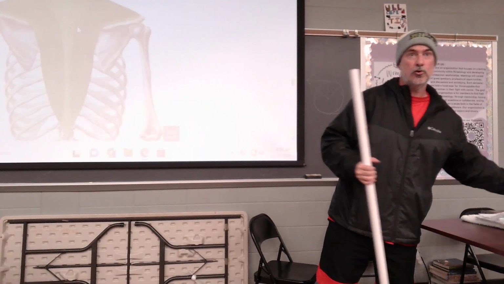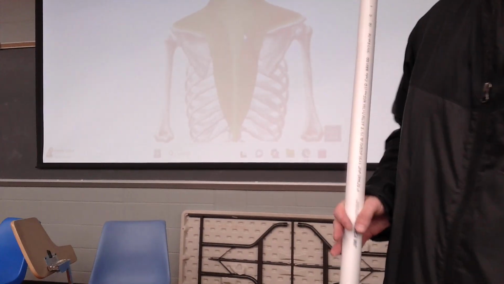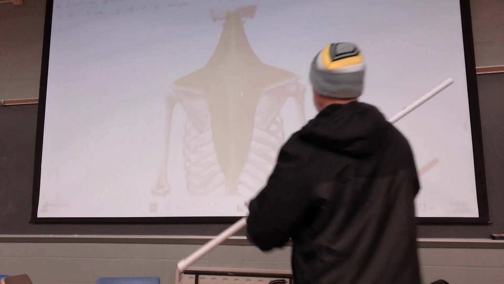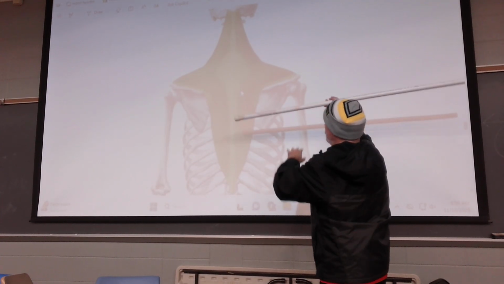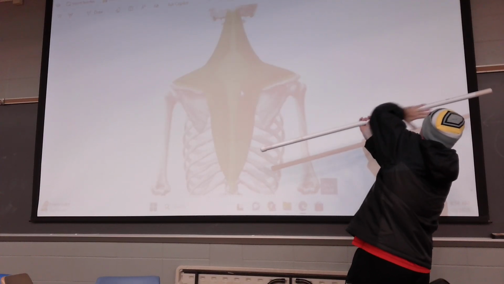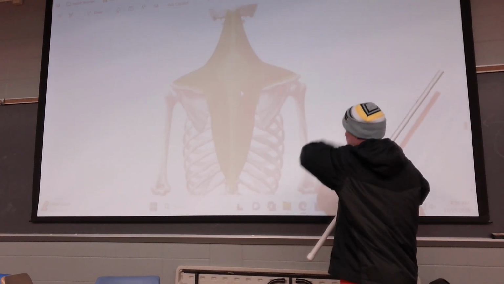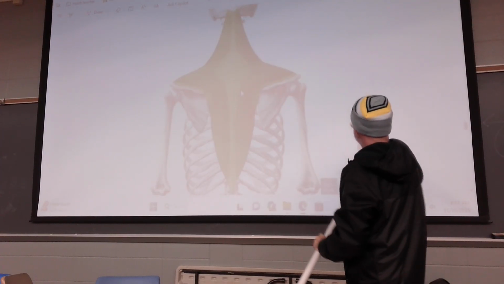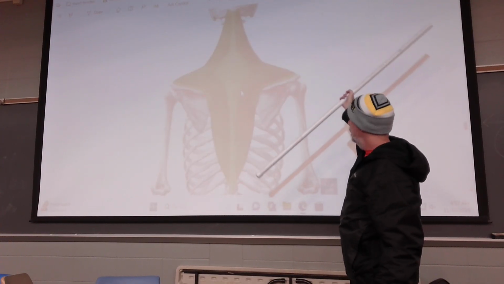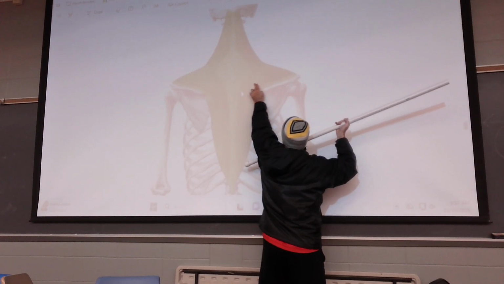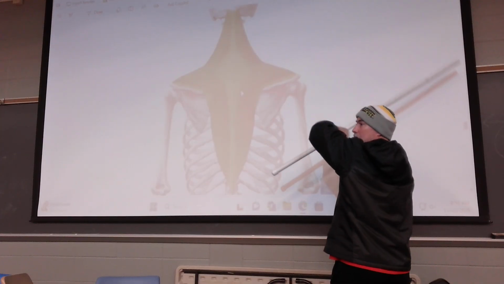So let me show you how the trapezius uses a force couple to not spin a merry-go-round, but to spin your scapula. Here's your spine. You have upper fibers that are pulling the lateral part of the spine this way and making the scapula want to spin as you see it. That would be counterclockwise, right? You have the middle fibers coming on the spine and also trying to spin it counterclockwise.